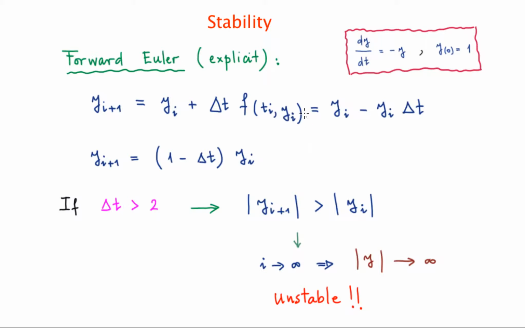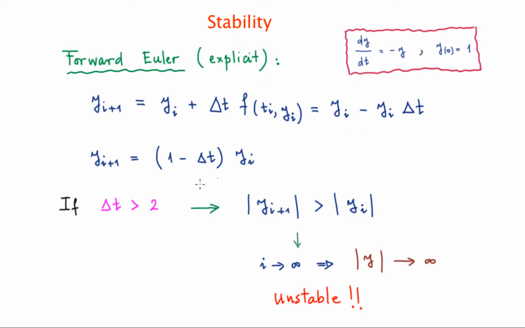We apply it here, which means that the y function at the step i plus 1 is equal to the y function at the step i, plus delta t, the time step, times f. Remember that f is the function in the definition of the differential equation, where the derivative of y with respect to t is f. In this case, f is minus y, so we have minus y times delta t.